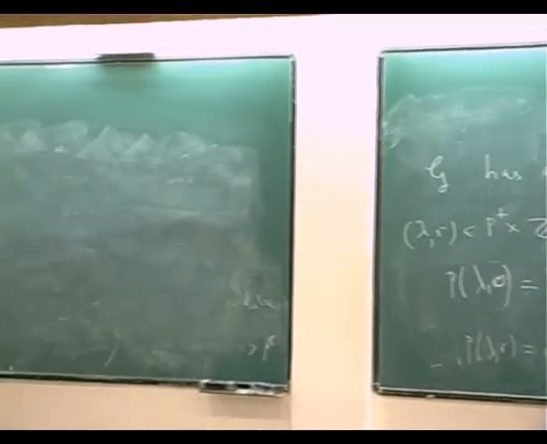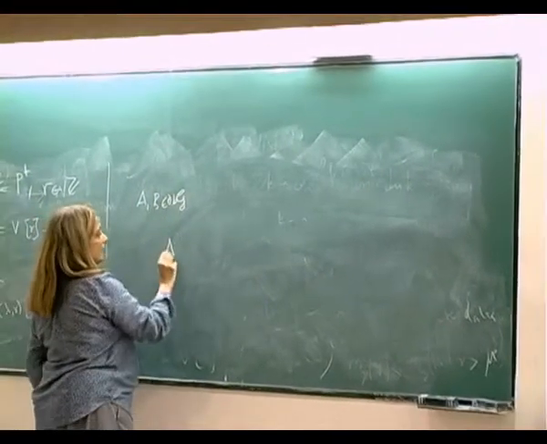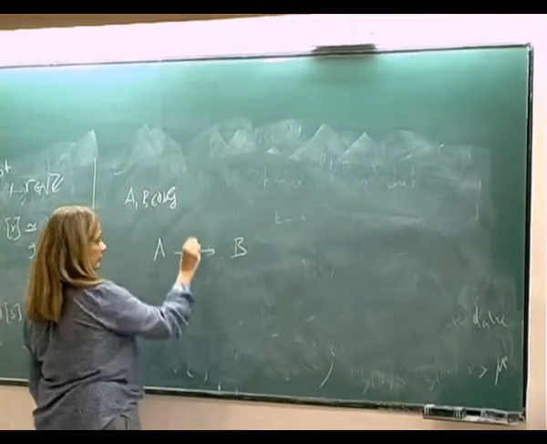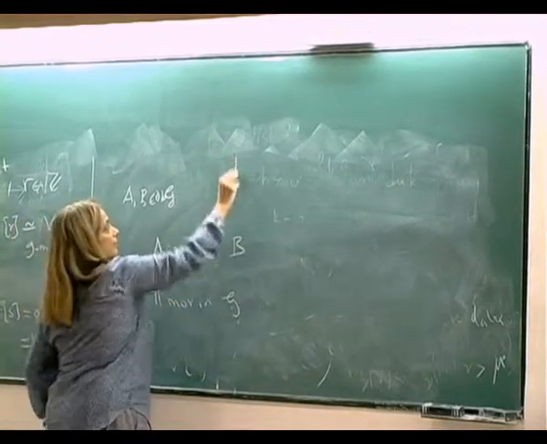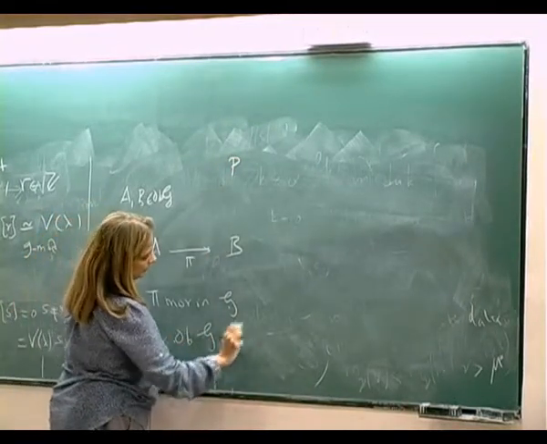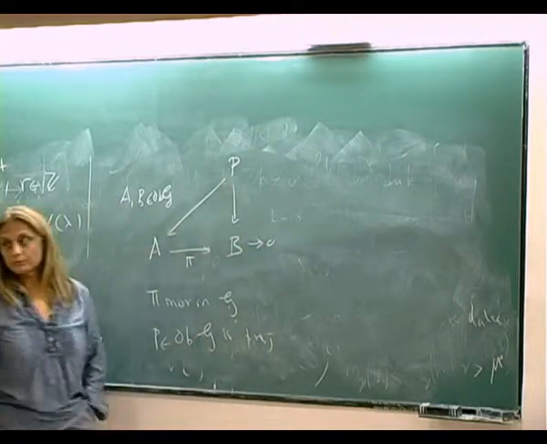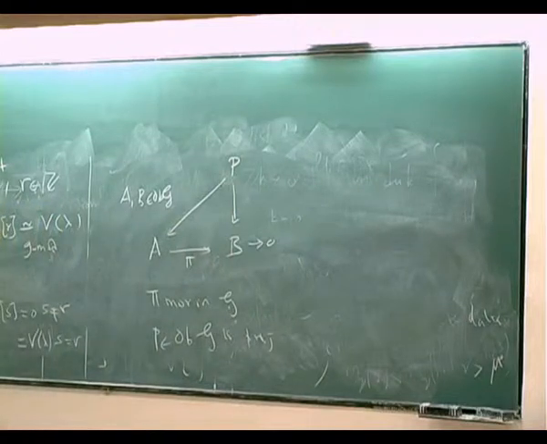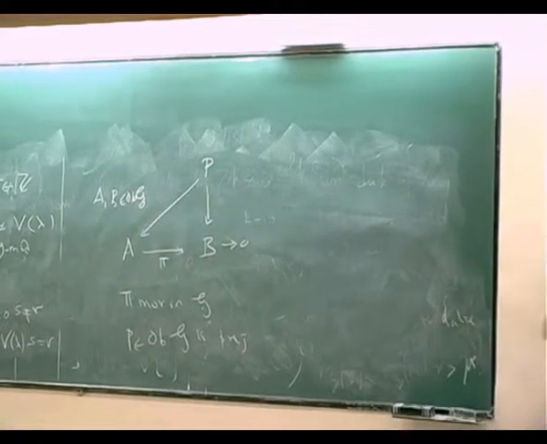Supposing you have A, B in our category G, and you have a morphism pi in your category, you say that an object P in G is projective if, given any morphism here, you have a morphism there. So you don't demand that it be projective with respect to all modules, just with the modules that lie in your category. So that's what a projective object is, and the claim is that this is so. Okay?